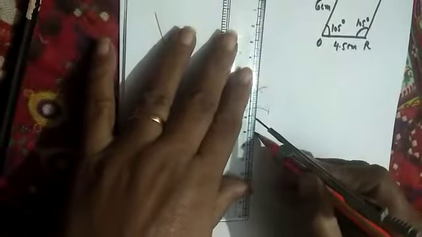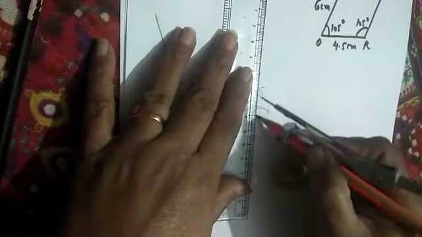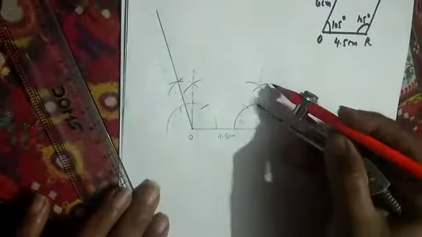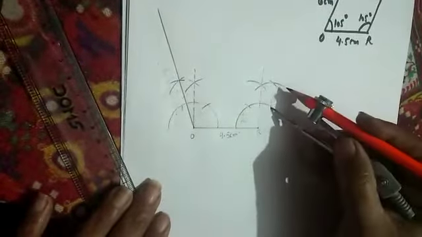Same construction we have to do. 90 degree first and then 105 degree. Now one arc from 120 and one from 180 degree. Sorry, 120 degree. Now this is 105 degree.